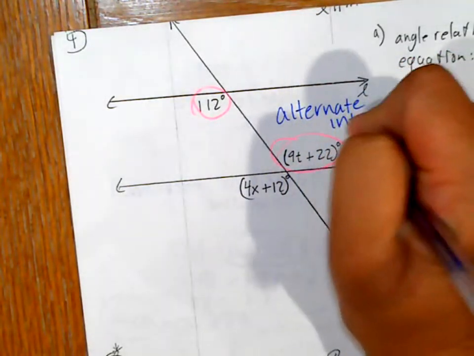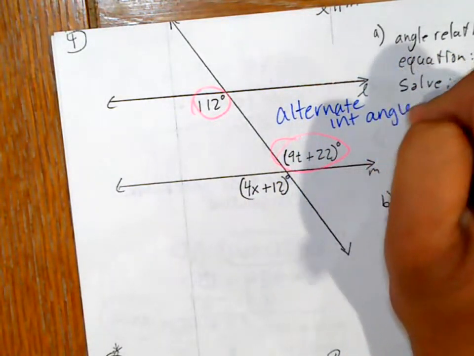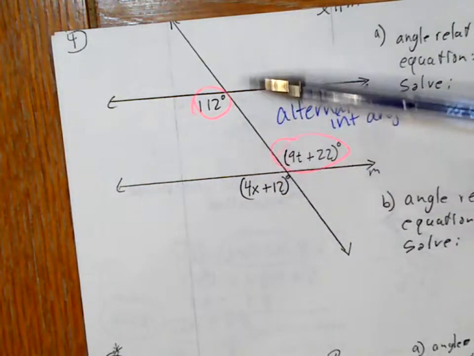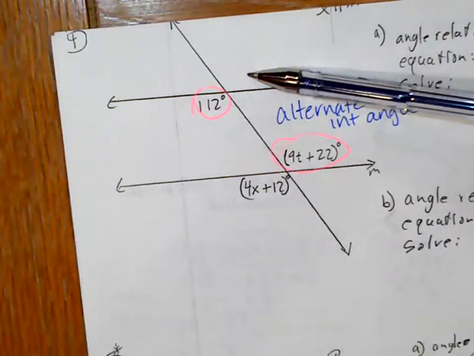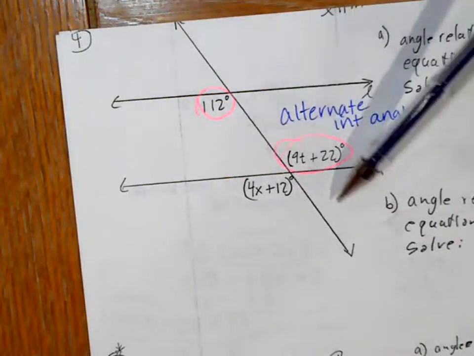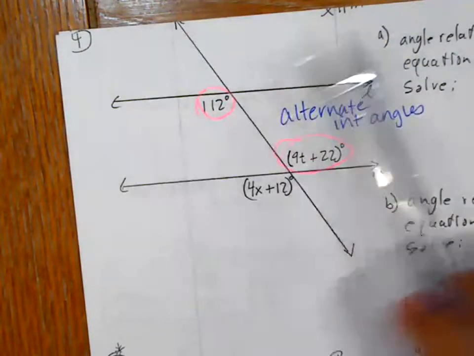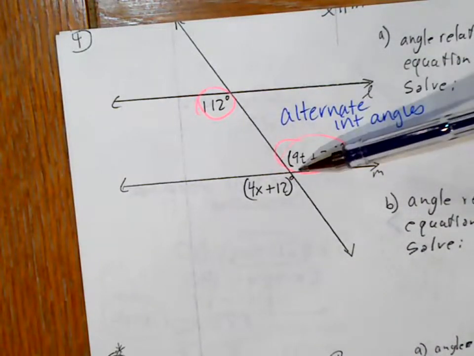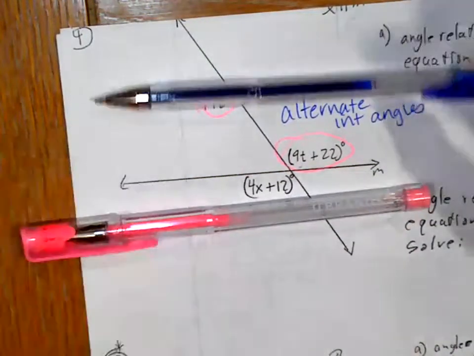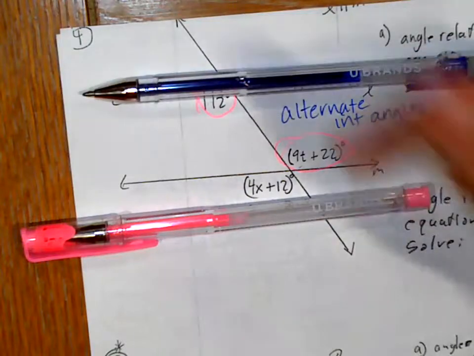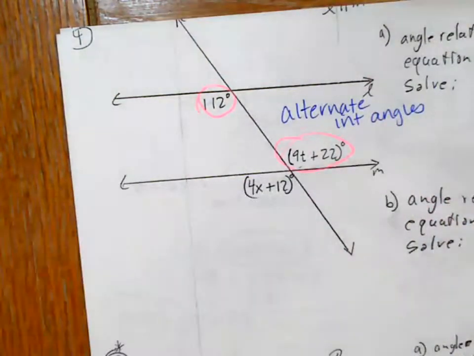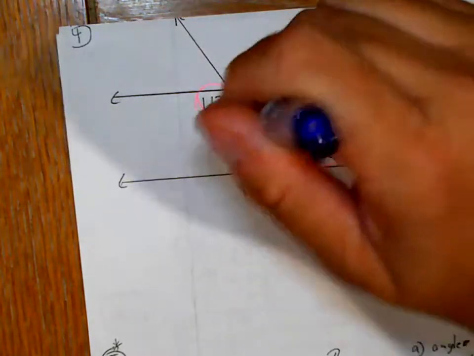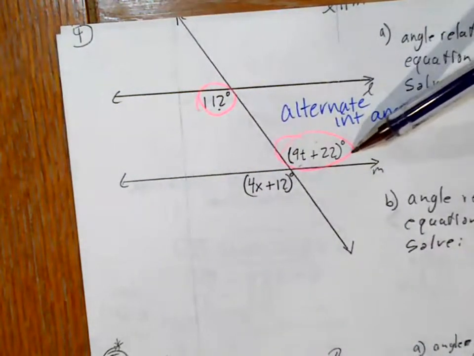Alternate exterior angles would be like this one and this guy up here, or on the other side, this guy and this guy. They're on the outside of the parallel lines. These guys are inside the parallel lines. Here's your two parallel lines. These guys are inside of it, so they're interior angles. They're alternate because you have one on this side of the transversal and one on this side of the transversal.